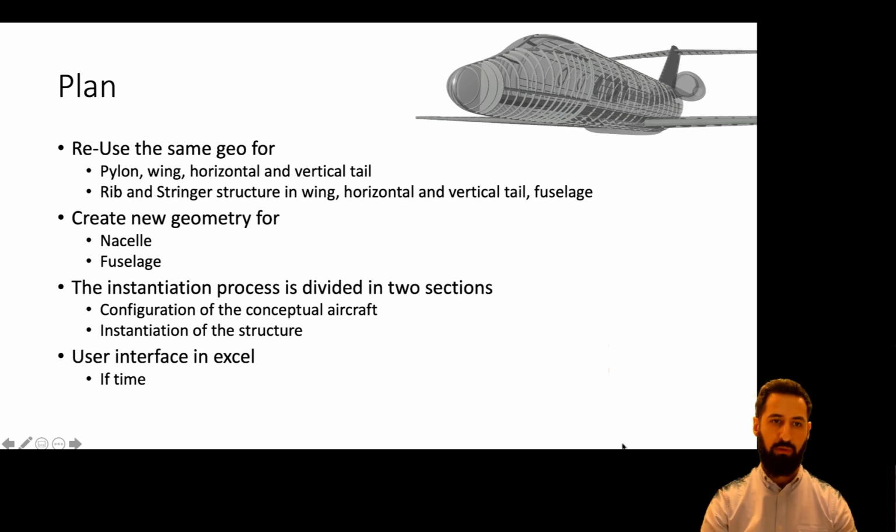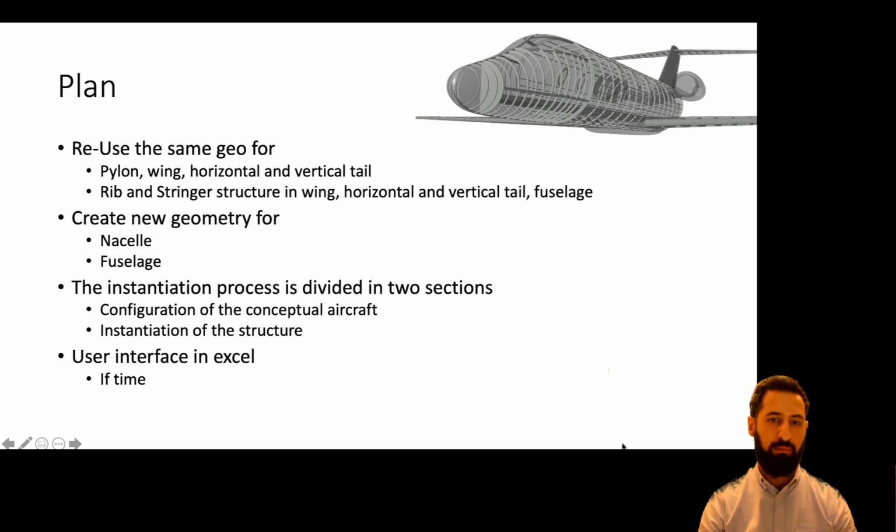And then I'm going to use the same geometry for rib, stringer, structuring, wing, horizontal and vertical tail, and fuselage. So all the structures within wing, tail, and fuselage are going to be as few templates as possible. I'm going to create new geometries for nacelle and fuselage.